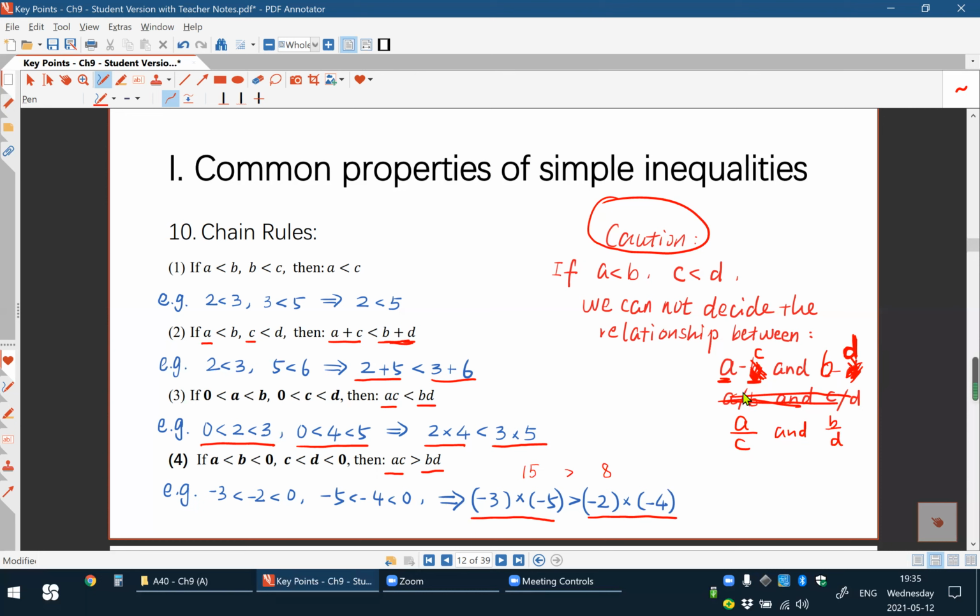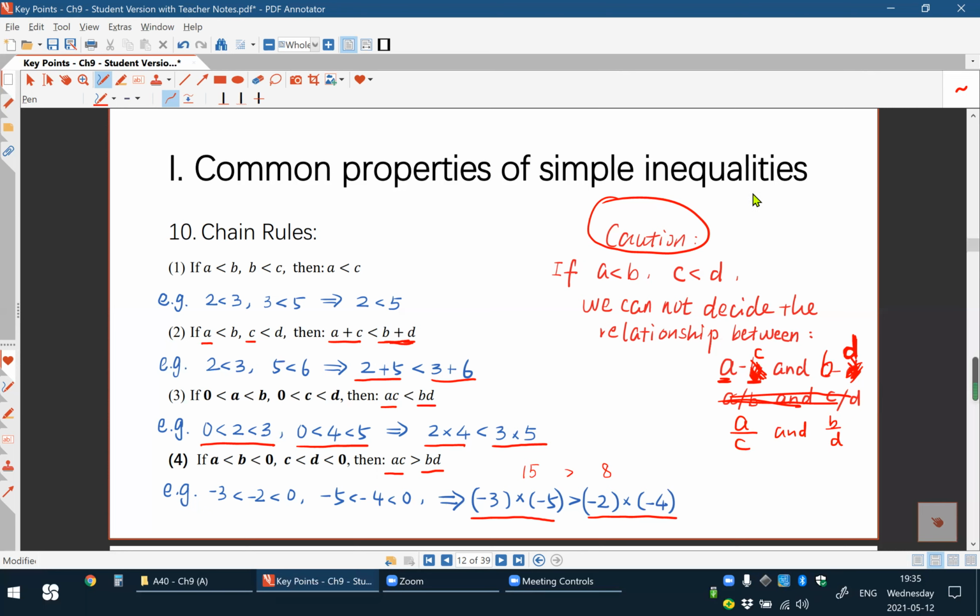You cannot decide the relationship between A minus C and B minus D, right? Because A minus C is just the difference between two smaller numbers. We do not know whether the difference is smaller than the difference between B and D or not.